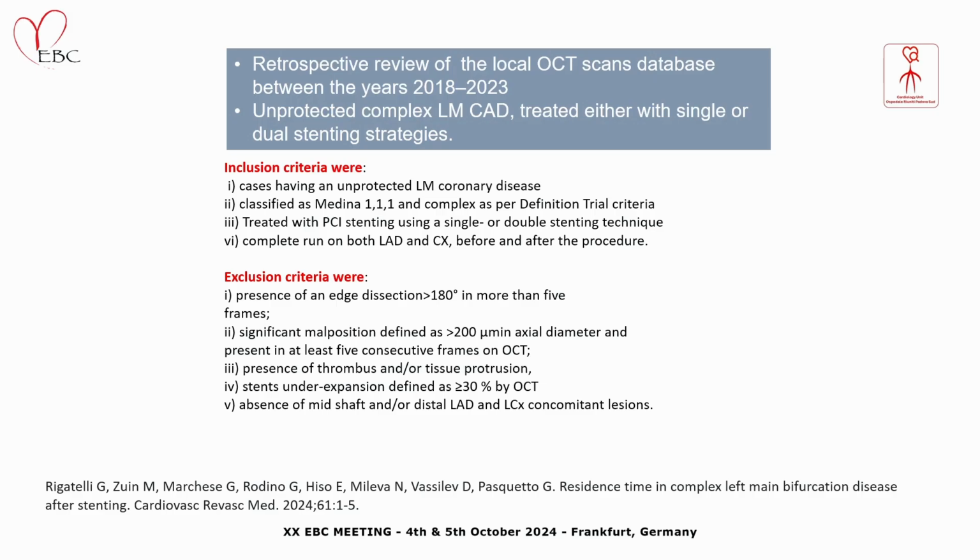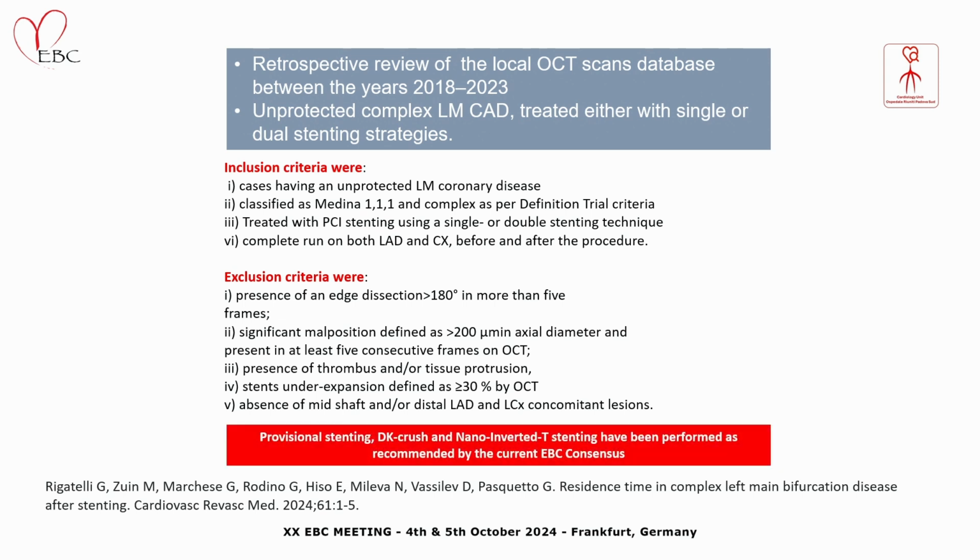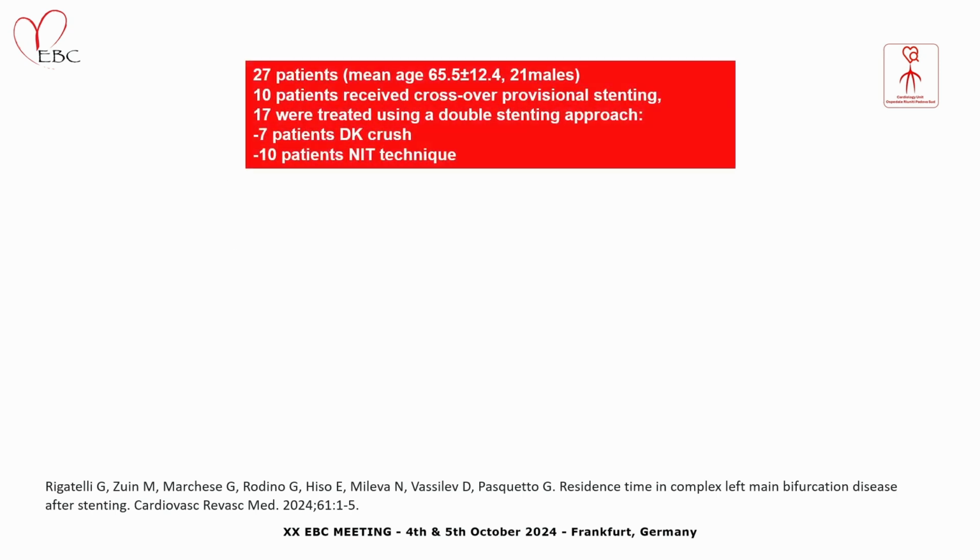These are also the exclusion criteria, but I don't want to bore you. We assessed three techniques: provisional stenting, DK crush, and non-inverted T-stenting, which were performed as recommended by the current EBC consensus.